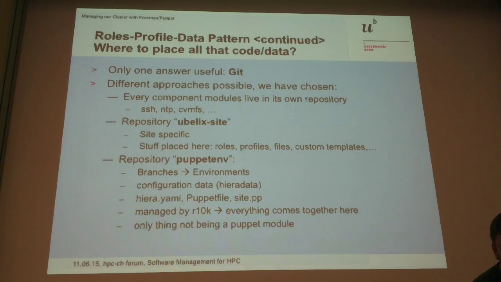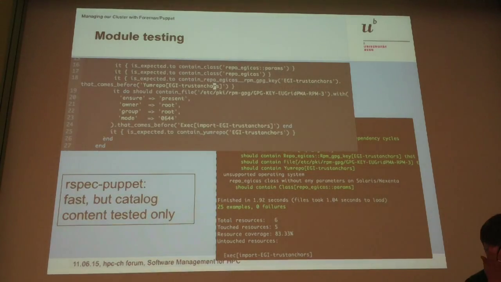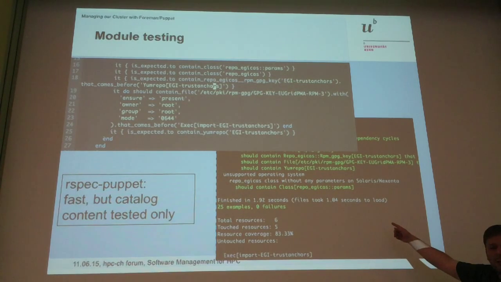And I mentioned that we are doing two possible tests. This one is a so-called offline test, if you want. Top left, you see this domain-specific language to write code. It's rspec, so it's human readable. You can see what it does. It is expected to contain the repository EGI trust anchors. And on the bottom right, you see the output.